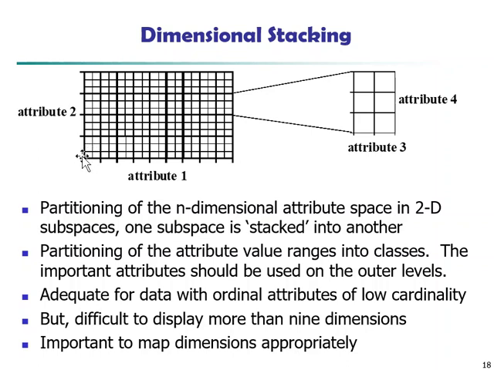And within this box, attribute 2 and attribute 1 put together, you can see it's going to create smaller boxes. Every one of those smaller boxes is going to hold the data that has the corresponding values for attribute 1 and attribute 2, right? So let's use this little area as one example.